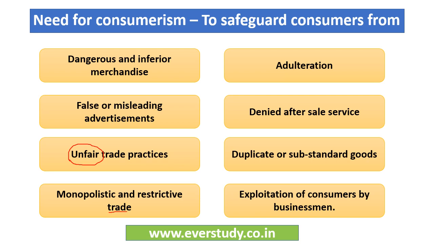There were monopolies and they had to be reduced, and adulteration. Here the mixing of harmful components was being done with the key components. So this was adulteration, and it also required the need for consumerism. Denied after sale service was not good. Consumers were given substandard goods, and more or less we can conclude that they were being exploited by the businessmen. So that's why there was a need for consumerism and to make the consumers more and more assertive about their rights.